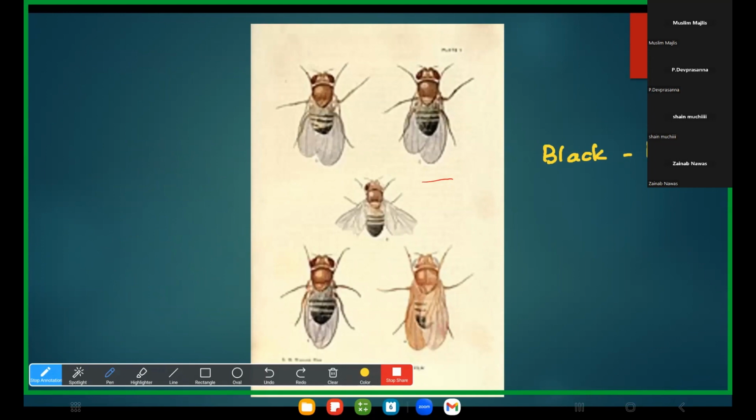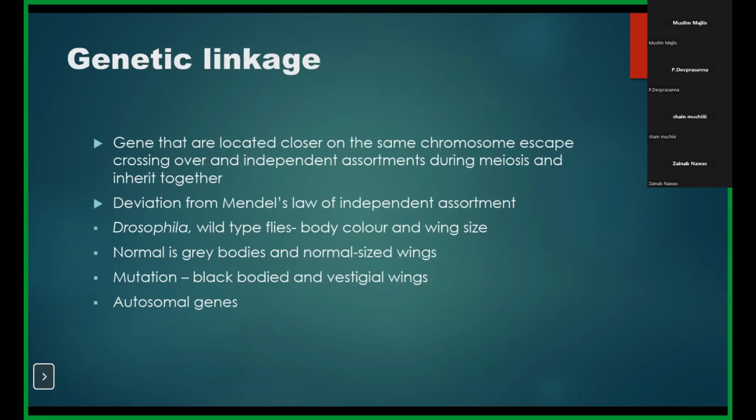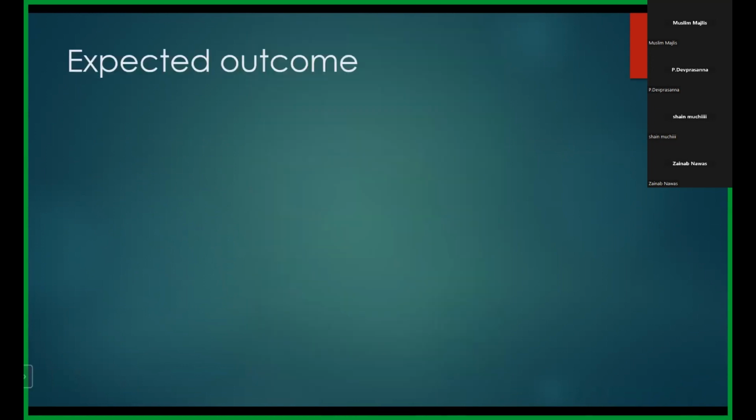But due to a mutation, they can appear with a gray color body and with vestigial wings. So this is inherited through autosomal genes.